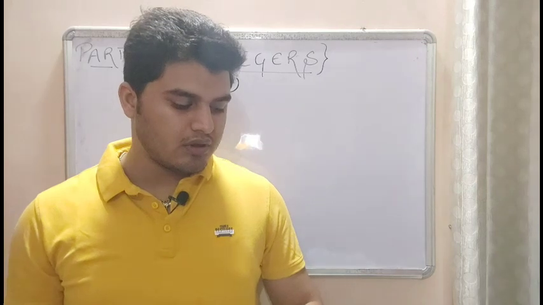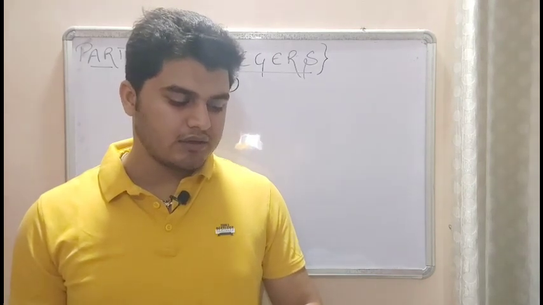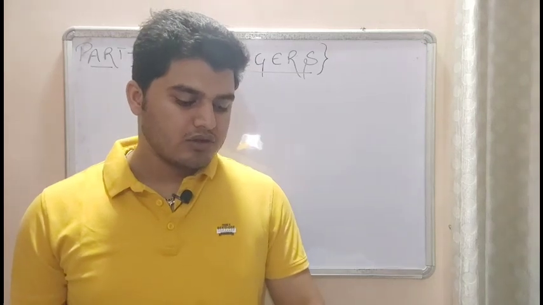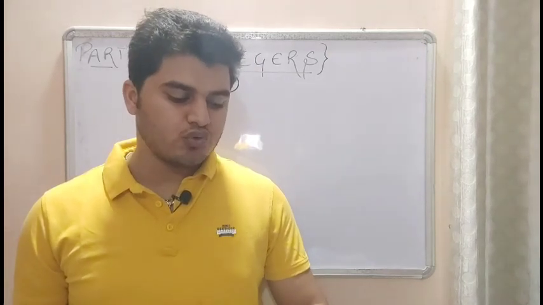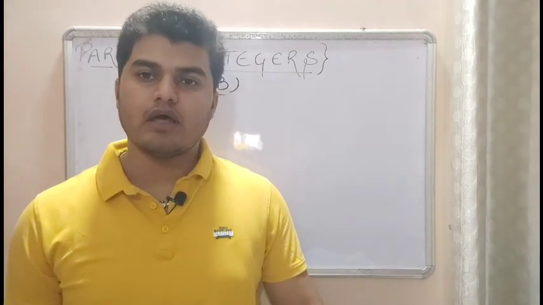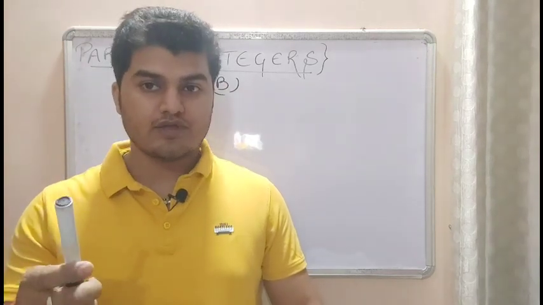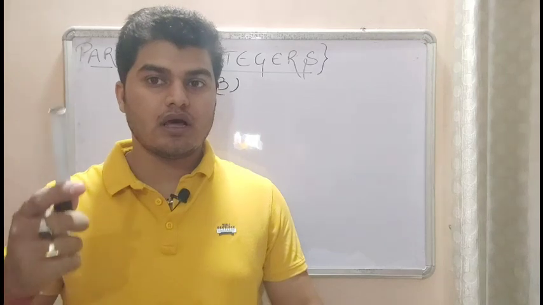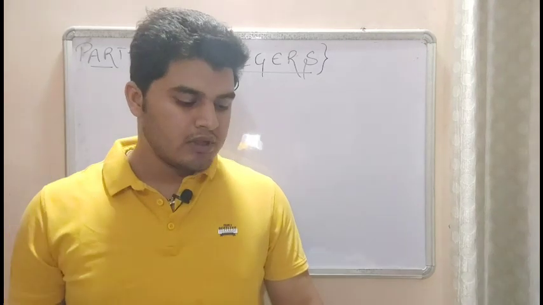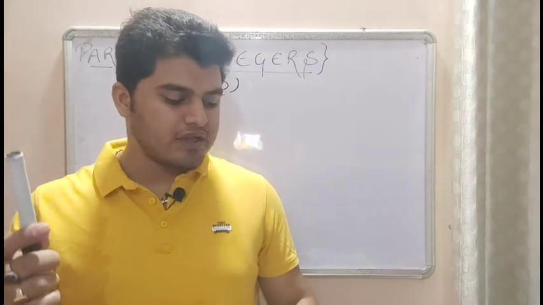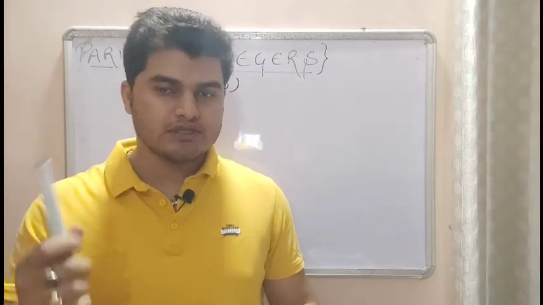In option C, it is again 2 places with a minus sign, and option D again 2 places. So where two places have a minus sign, the output will be positive. We have learned that negatives, if they are in an even number, become positive, and if they are an odd number of times, they are going to be negative. So the negative answer will be of B. So option B is correct.